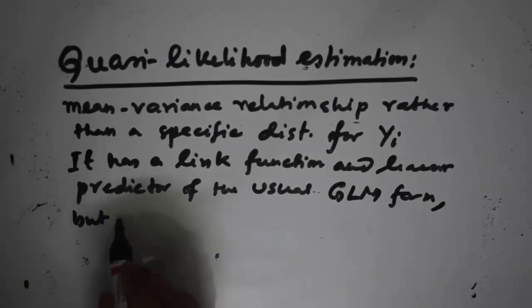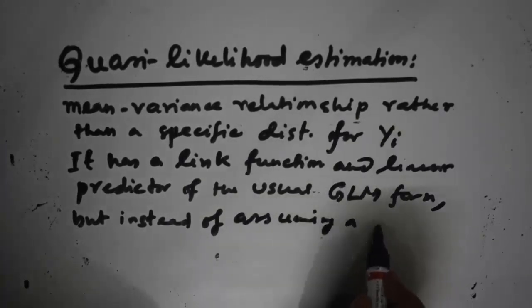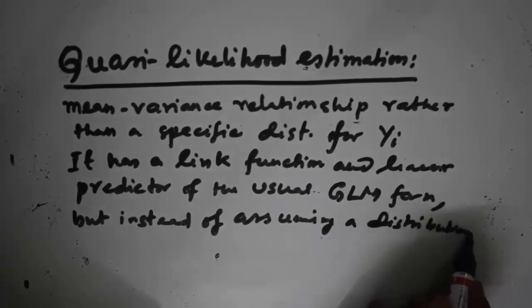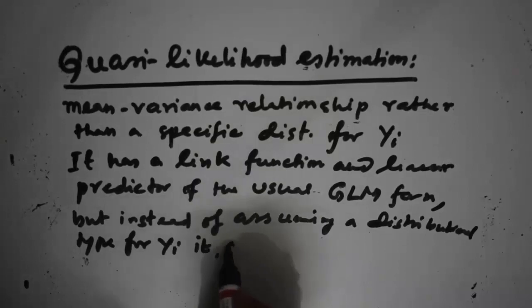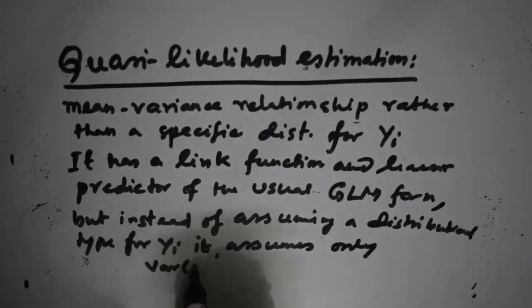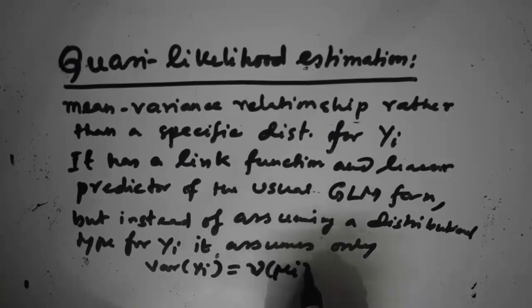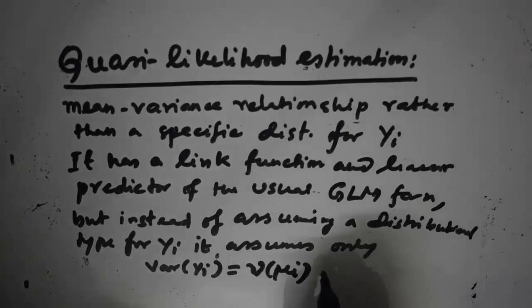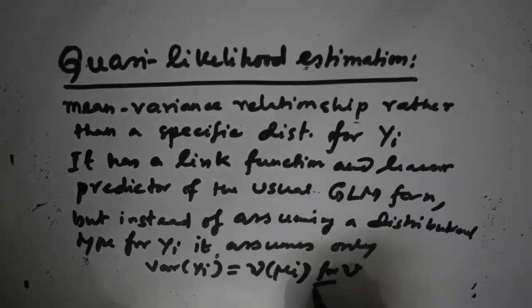But instead of assuming a distributional type for yi, it assumes only variance of yi equal to v(mu i) for some chosen variance function v.